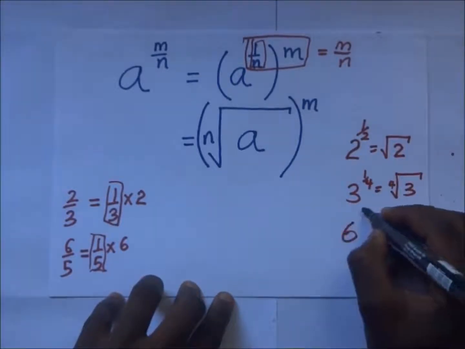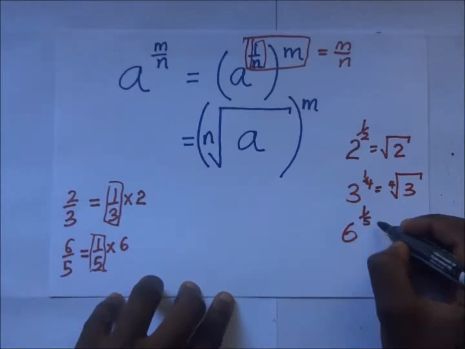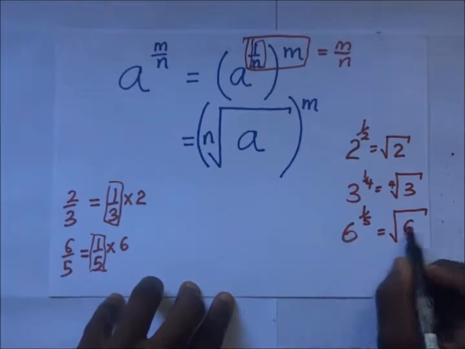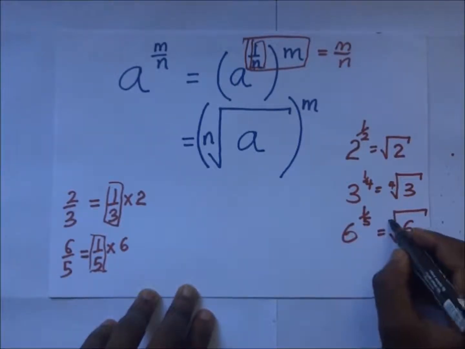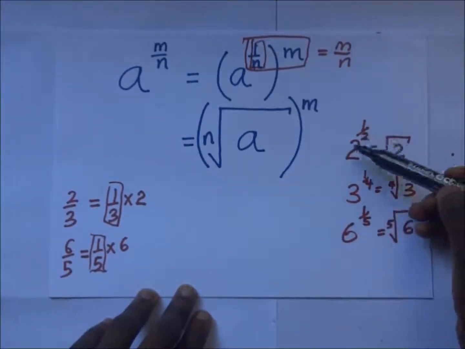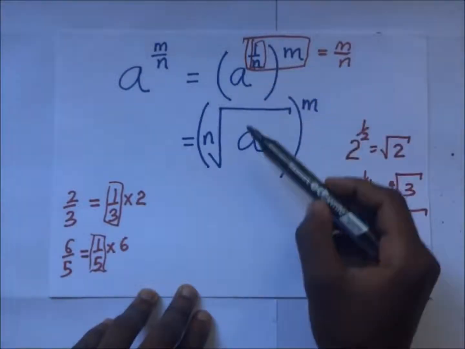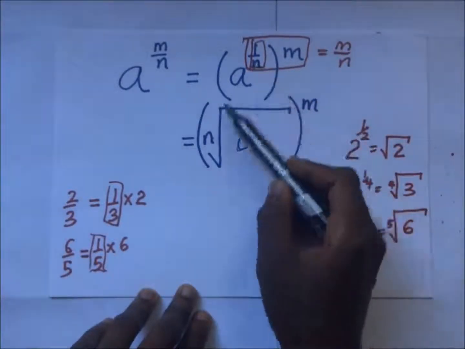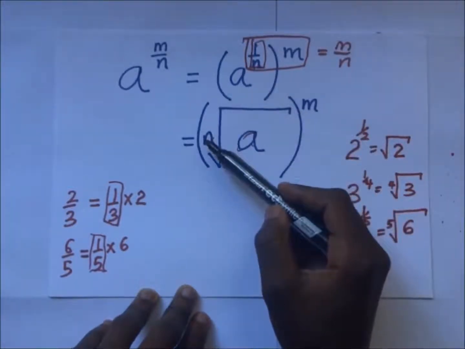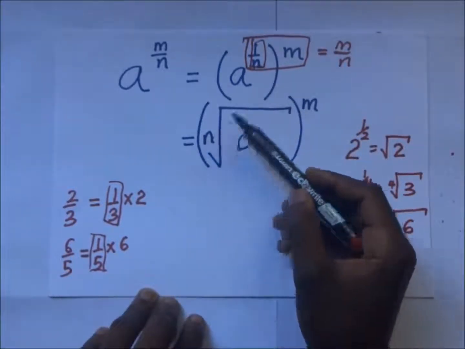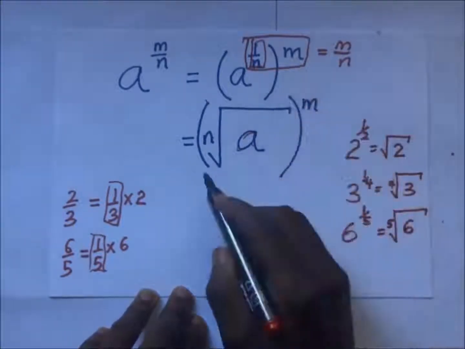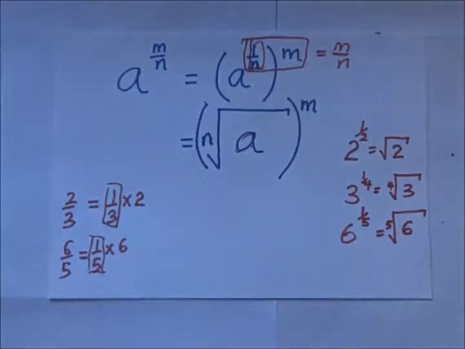If it is 6 to the power 1 over 5, it is equivalent to the fifth root of 6. That is what this means, 1 over n. So here we have a to the power the root of n, and n can be any number, of course not 0. Then all this is to the power m. And this is the interpretation of that.